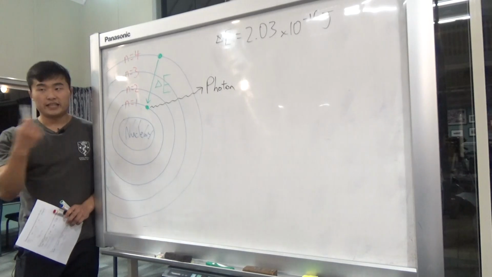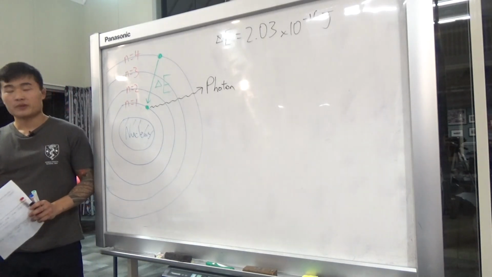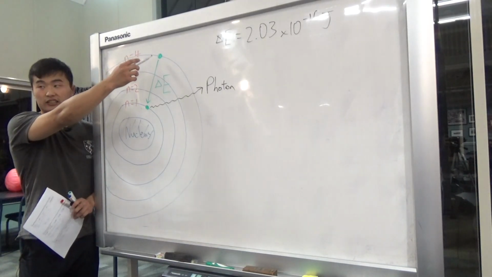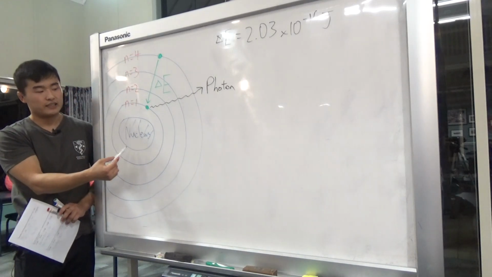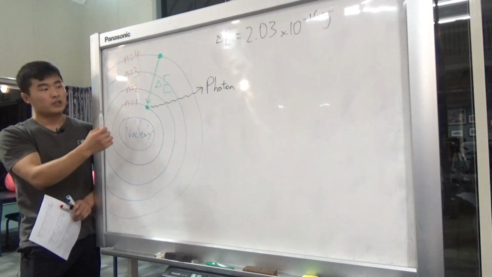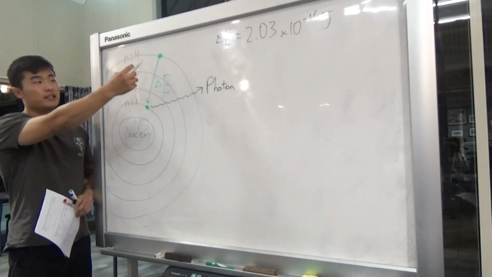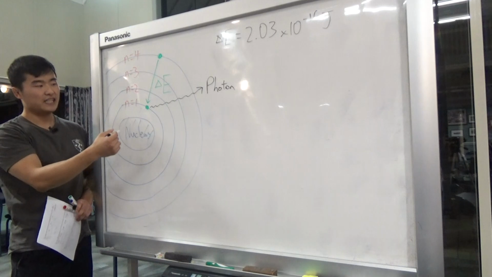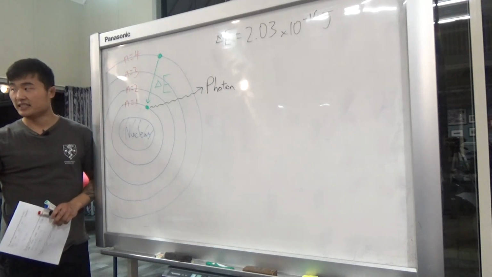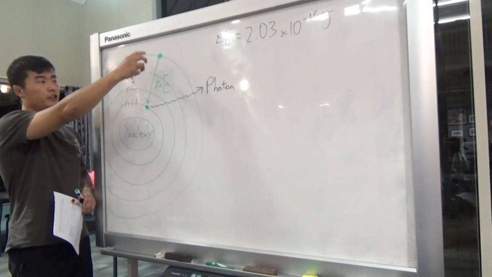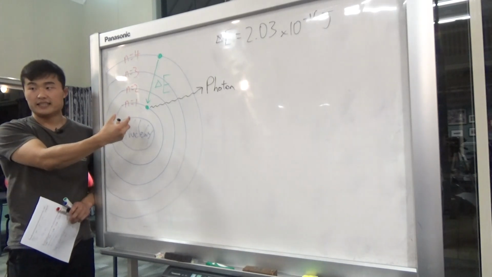Because if you think back to electricity, you have a negatively charged electron and a positively charged nucleus. If you have a negative charge further away from a positive charge, that's going to have higher potential energy, and if you bring it closer, that's going to have lower potential energy.